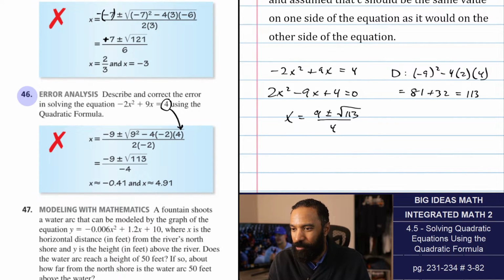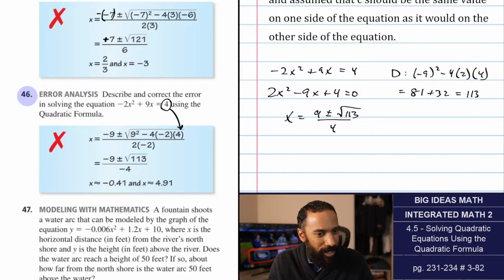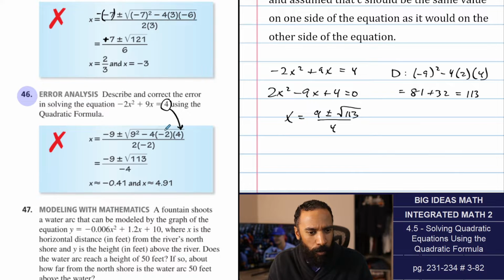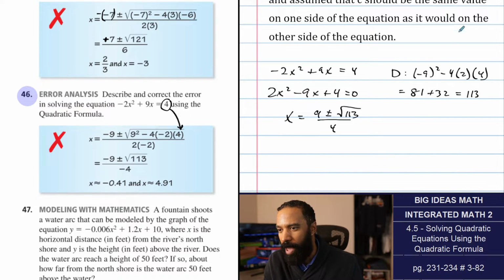I should have something different. So let's see what I just goofed up here. I added that. I subtracted that. That all looks good. I think this a being negative is throwing me off and making it kind of weird. Let me pause and make sure that I'm good, because I shouldn't get the same answer as them. Okay, I gotta look back better at my work.